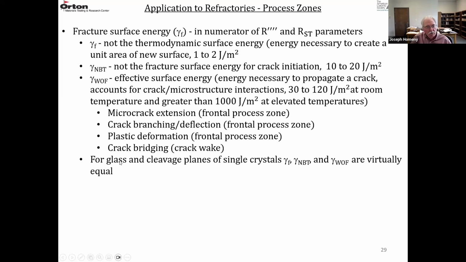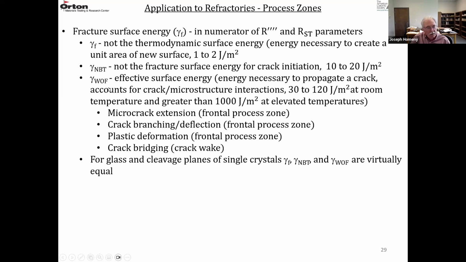So for very brittle materials like a glass or single crystals where you can fracture along cleavage planes, these three surface energies are basically the same. Gamma F, gamma NBT, and gamma WF in extremely brittle materials are all the same.